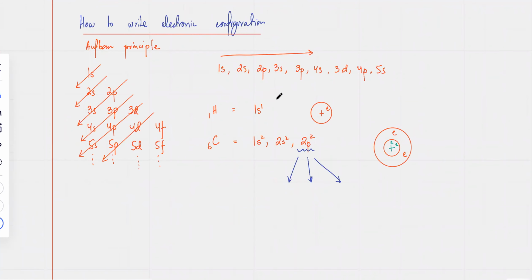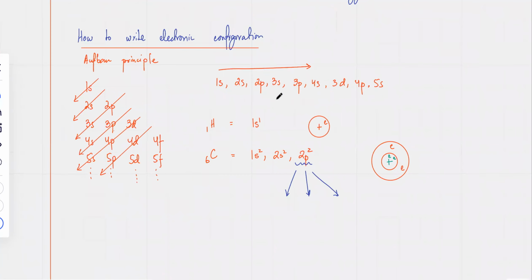So when I say that I have an electron in the 2p subshell, that means there are 3 spaces: 2px, 2py, and 2pz. The electron is in either one of them. So I'll draw the axis.